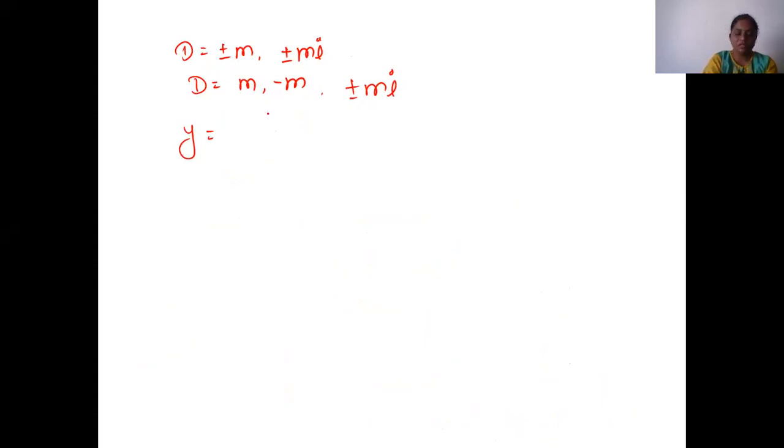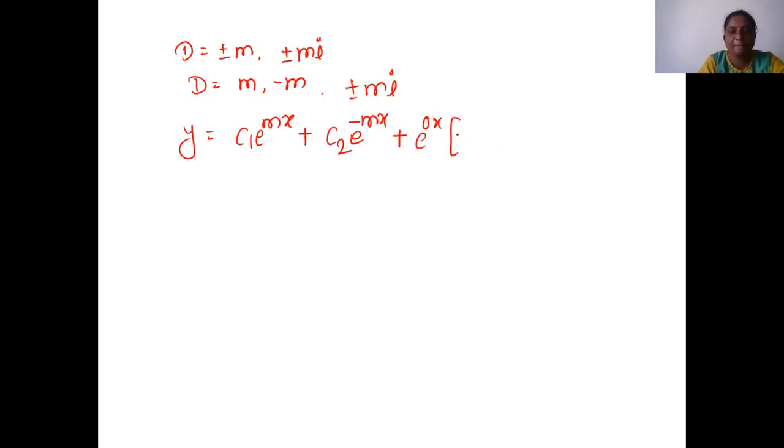Can you just write the answer for this? Come on, write the answer for this. C1 e raised to mx. Very good. C1 e raised to mx plus, for this, C2 e raised to minus mx. Very good. And for this, alpha is 0, so e raised to 0x in bracket.